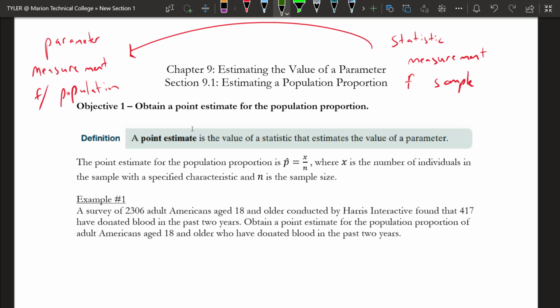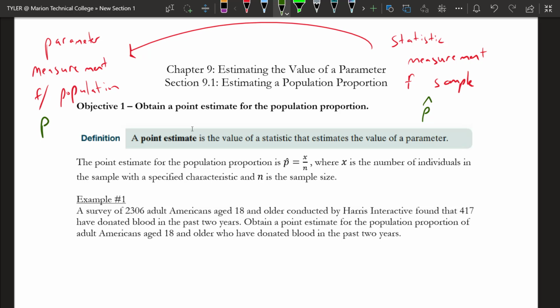The statistic for a population proportion is p hat, where the parameter for a population proportion is denoted as p. So p is a parameter and p hat is a statistic.